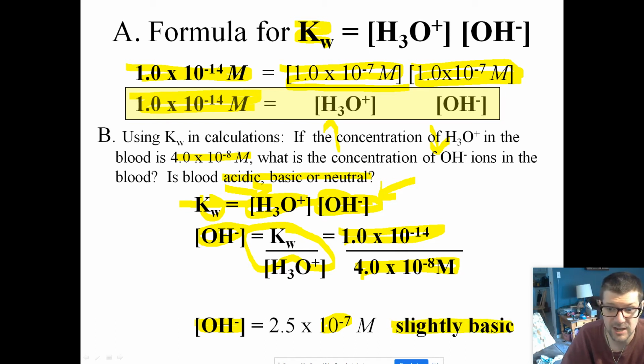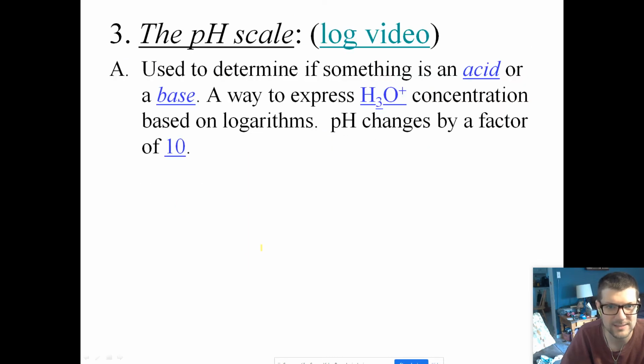This is how we're going to determine whether something's an acid or a base, based on its concentration. Things that are high in hydronium concentration have extra hydrogens floating around ready to be donated. That's the definition of an acid. Things with extra hydroxides in them are sitting around ready to accept more hydrogen ions, and that's the definition of a base. So by looking at these concentrations, we can determine whether something's an acid or a base.